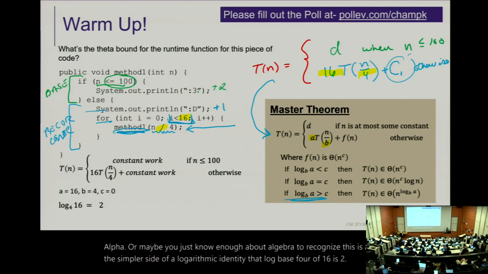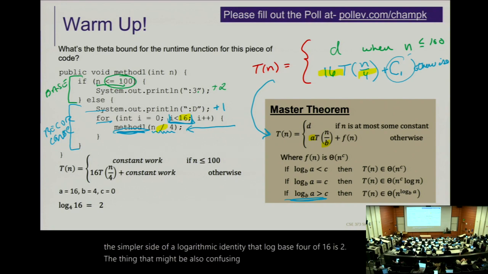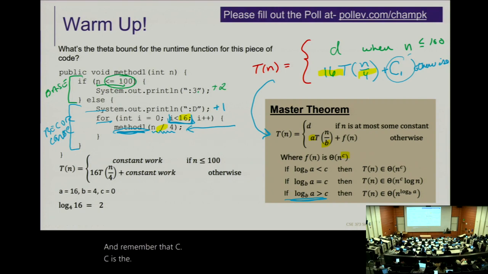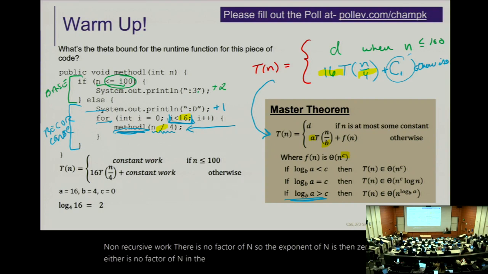The thing that might be also confusing is identifying C. And remember that C is the exponent on the term of n in the non-recursive work. So if we have constant non-recursive work, there is no factor of n, so the exponent of n is then 0, i.e. there is no factor of n in the non-recursive situation.